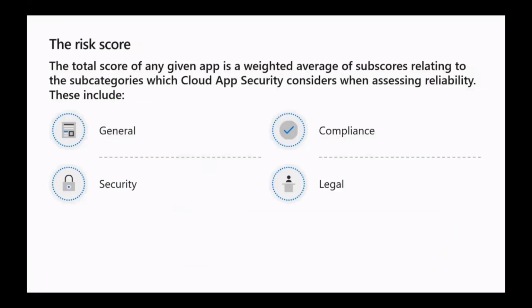Now, the Cloud Application Catalog will rate risk for your cloud applications based on regulatory certification, industry standards, and best practices. These 4 complementary processes run in the Cloud Application Catalog to keep it up to date.